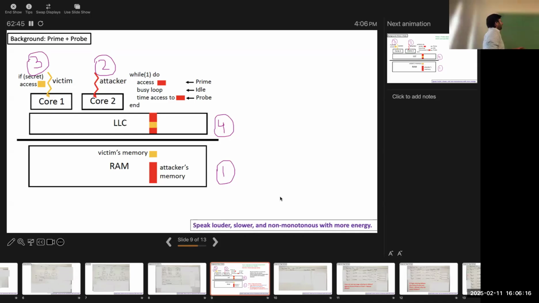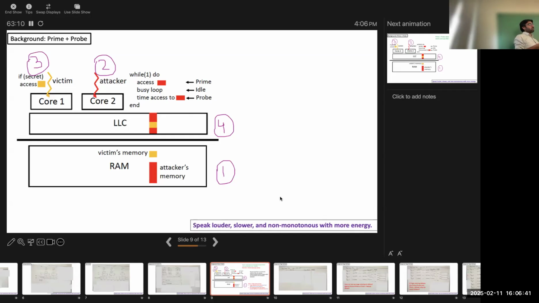The address always maps only to a set. And inside the set, you have particular cache lines. The address doesn't tell you in which particular cache line that data will be placed. It depends upon the availability. And it also depends on, let's say all the cache lines are already filled, you need to select a victim. What is your policy for selecting a victim?